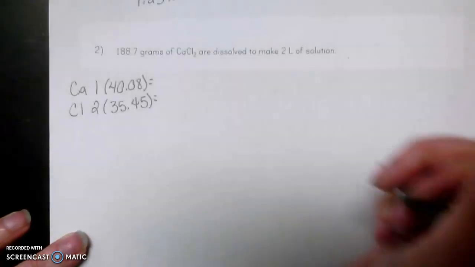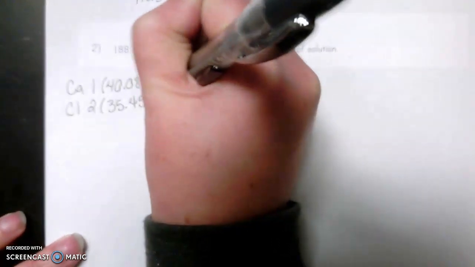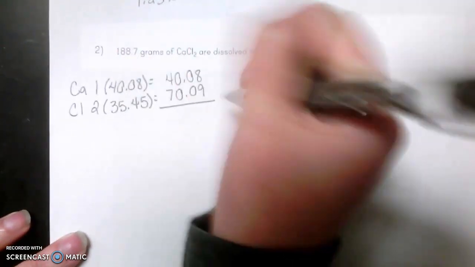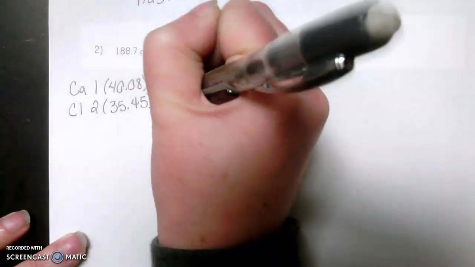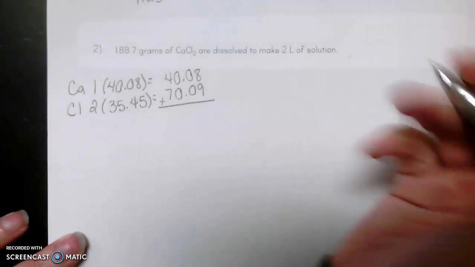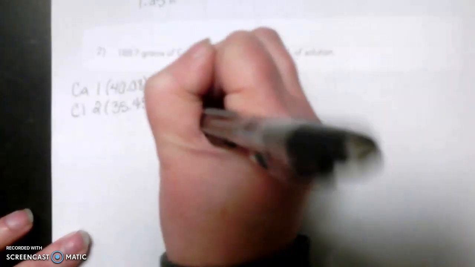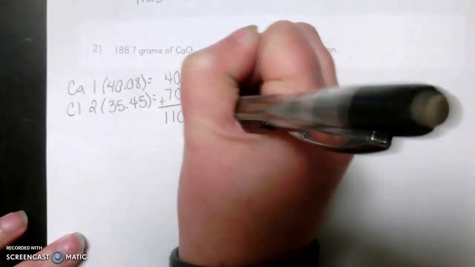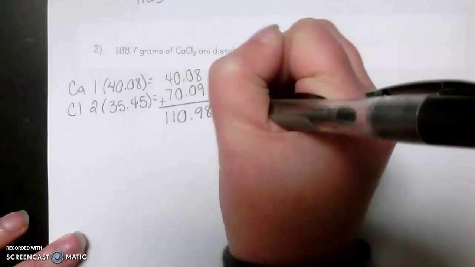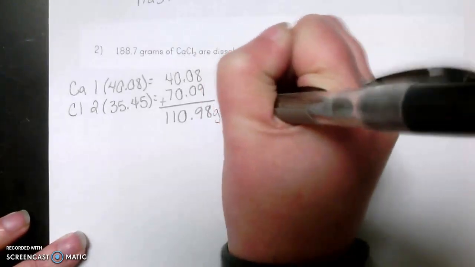So again, we're going to multiply those out. 40.08 and then 70.09, and then you add them together to get a molar mass of 110.98 grams per mole.